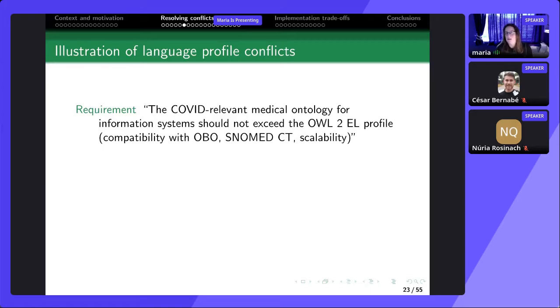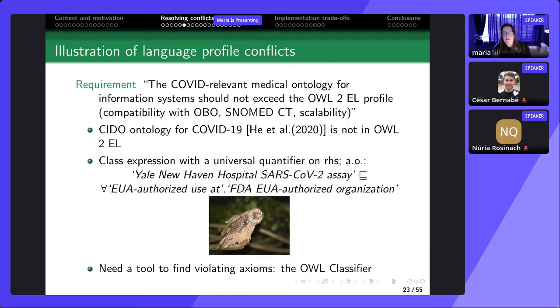SNOMED CT, a medical ontology, is represented in OWL 2 EL, and it is good for scalability. Now, if we look at, for instance, the CIDO ontology for COVID-19, unfortunately it is not in OWL 2 EL. An example is a class expression with a universal quantifier on the right-hand side, which is disallowed in OWL 2 EL. But how would you know?